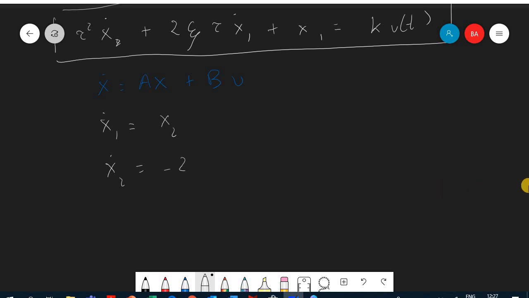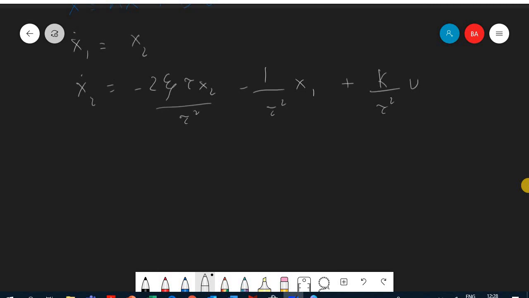So this will be minus 2 xi tau x2 divided by tau square, minus 1 over tau square x1, plus K. I just missed the K here because I already solved the example without the K, so let me make sure. So this is K here. That's the only thing I forgot.